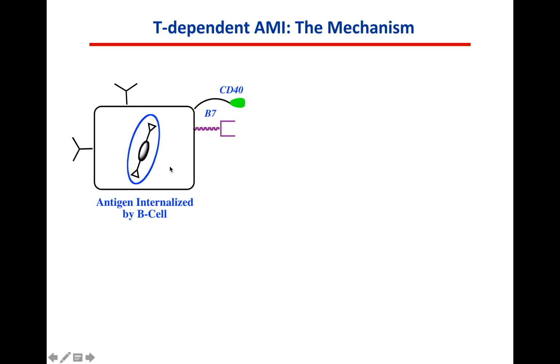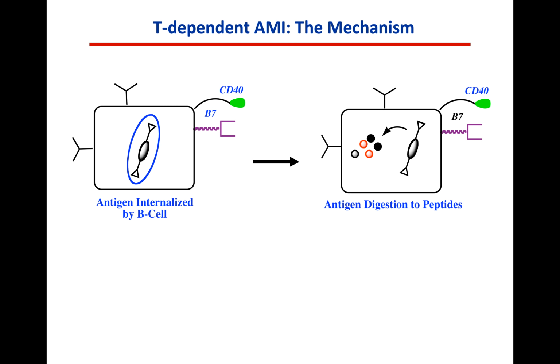The internalized antigen will start to undergo digestion into peptides, as we've seen before. This is all the same as what we've seen with the macrophage and dendritic cells, so you already know this part. There's another molecule produced on B cells called CD40, and we'll come back to that in a minute. That's important later on.